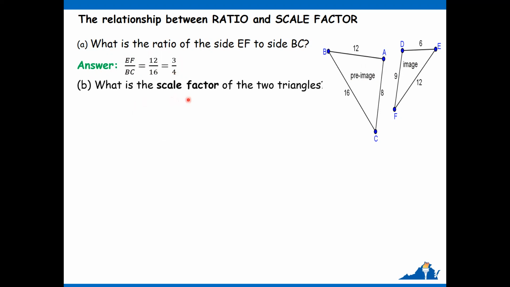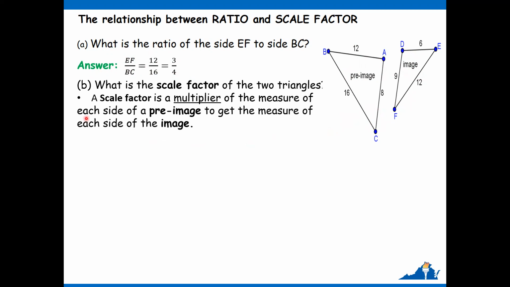What is the scale factor of the two triangles? We should first note that a scale factor is a multiplier of the measure of each side of a pre-image to get the measure of each side of the image. So scale factor is equal to image over pre-image, and the reverse is not true.